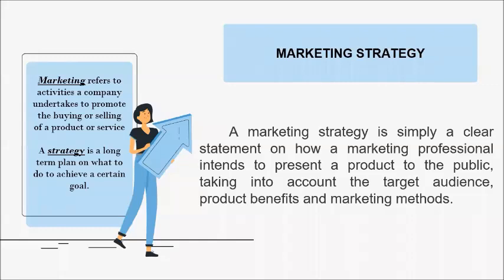So what does an effective marketing strategy look like? It's usually a structured document where we outline your business purpose, the aims of your product or services, and what makes it different from the rest.